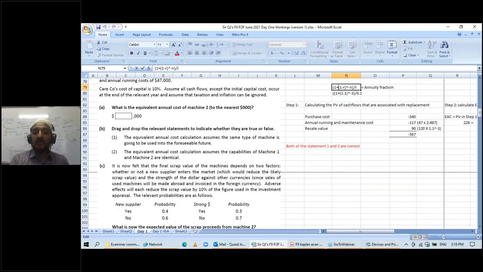Okay, students, the formula I have written for the annuity fraction, in speed, I have placed the signs incorrectly. So let me make the correction. It is 1 minus (1 plus r) to the power minus n, divided by r.